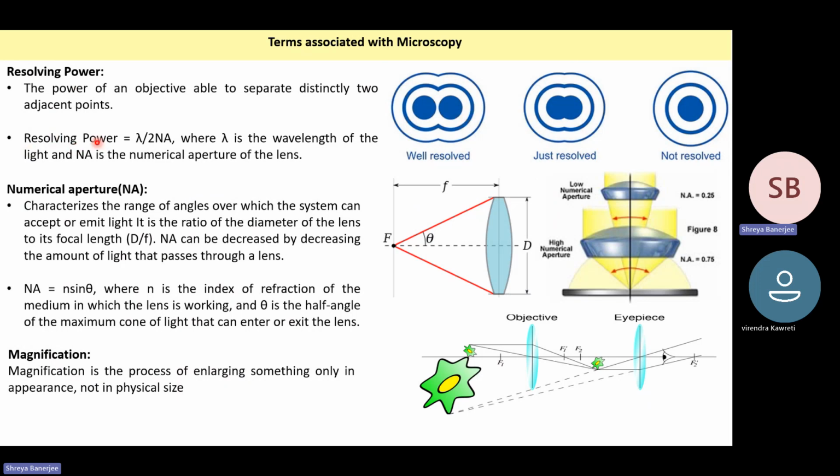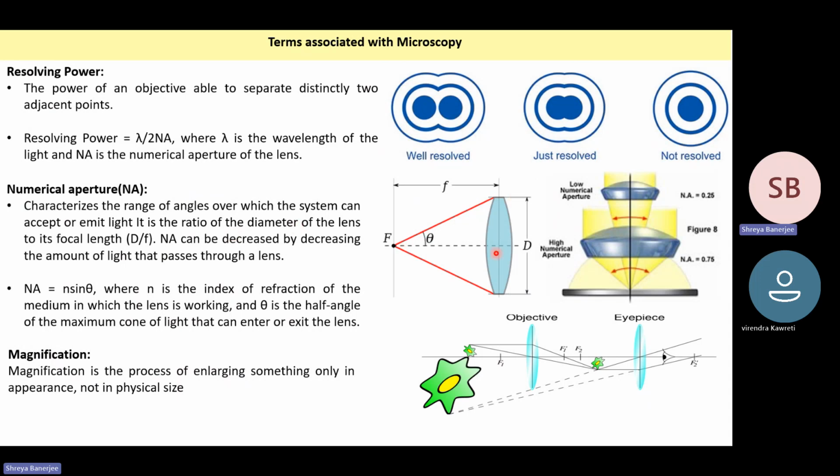The mathematical expression of resolving power is lambda by 2NA, where lambda is the wavelength of the light and NA is the numerical aperture of the lens. So let us look into what numerical aperture is. Numerical aperture characterizes the range of angles over which the system can accept or emit light.